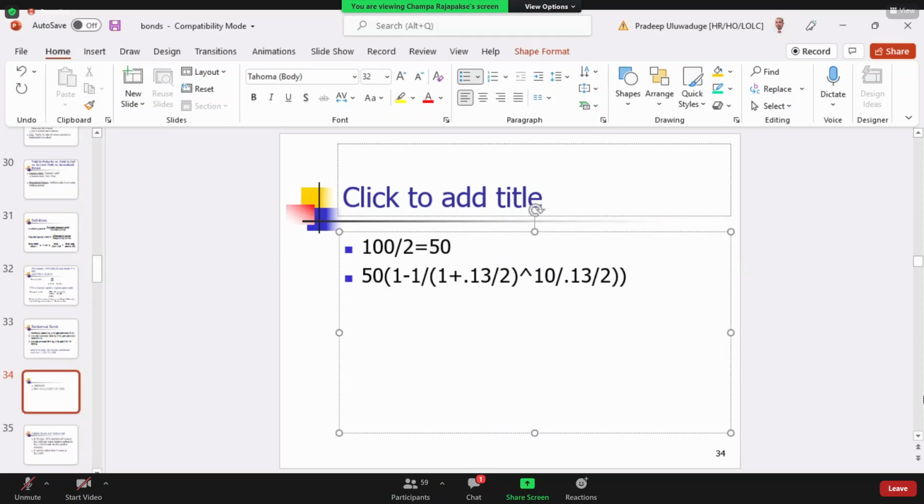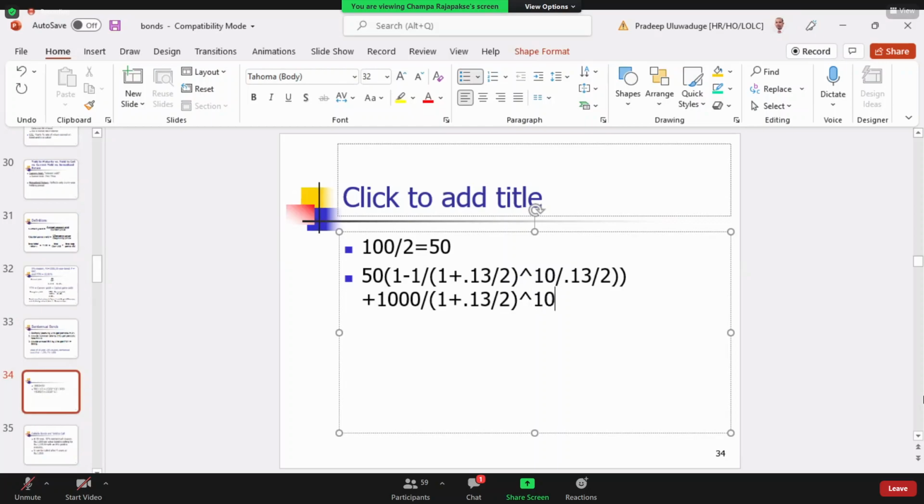Okay. And the balance part, the second cash flow, at maturity you get 1000 divided by 1 plus 0.13 divided by 2, to the power 10.